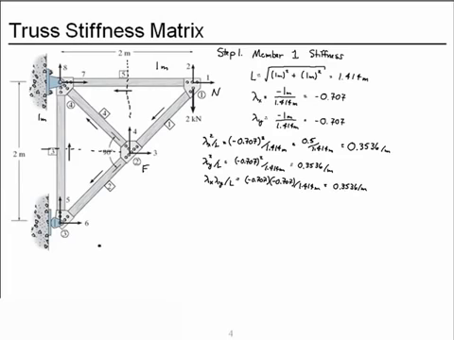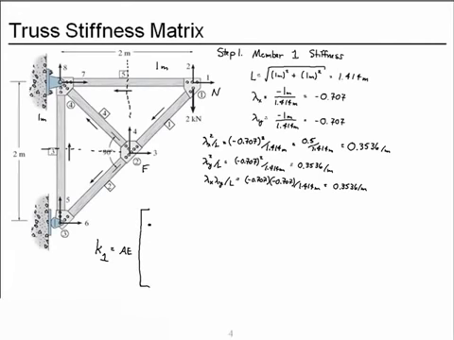So let's assemble this into the element stiffness matrix in global coordinates. I'll call that little k, and its subscript 1 refers to element 1. AE is common to all of the terms.